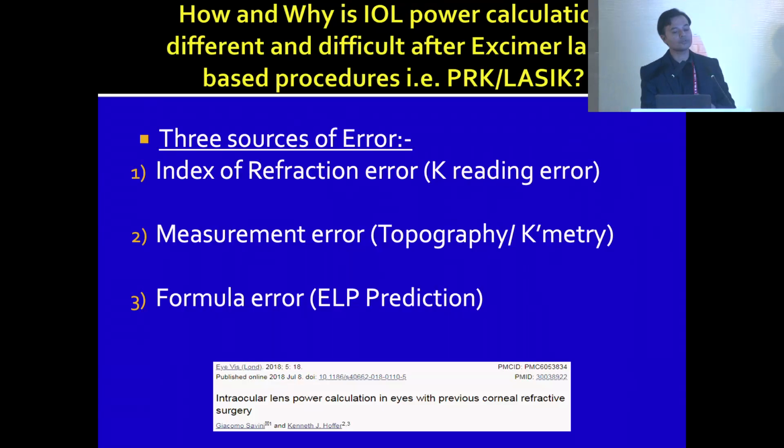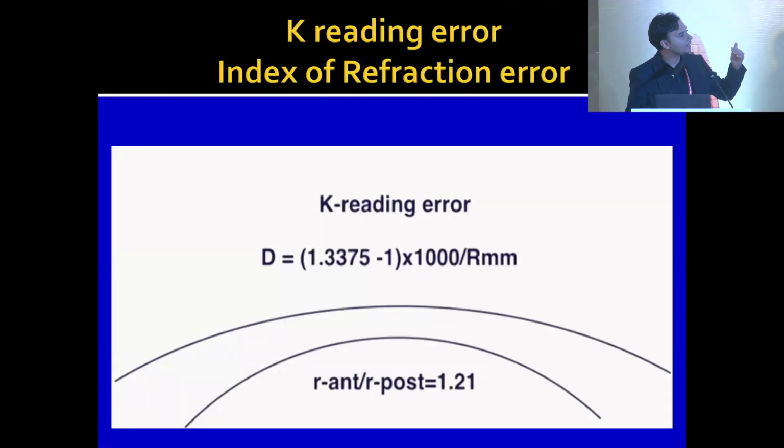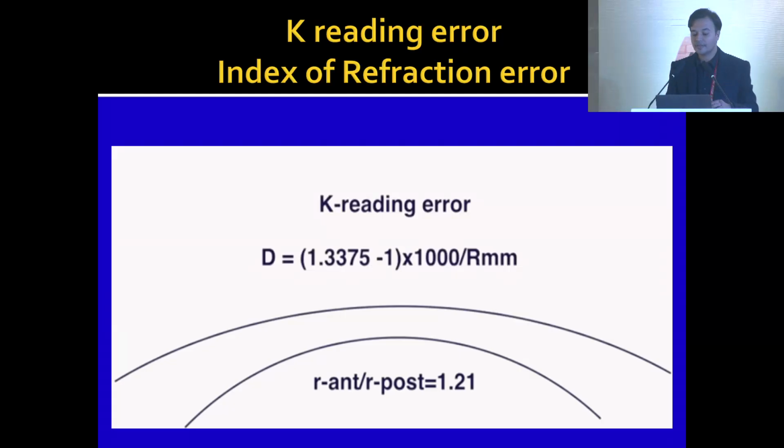And there are three sources of errors once somebody has undergone a corneal refractive surgery, and because of these three errors, the unpredictability of the refractive or biometry outcomes after LASIK goes haywire. As we see here, the first error is the K reading error, or the index of refraction error, in which, if we want to understand the keratometry of the patient, there is a presumption that the anterior versus the posterior radius of curvature should have a ratio of 1.21.